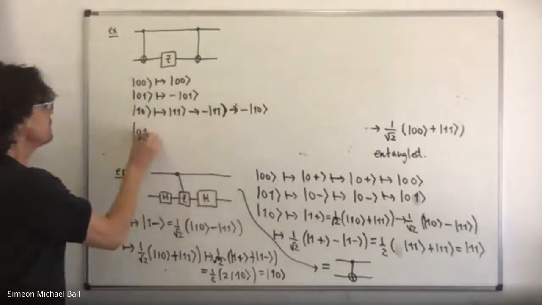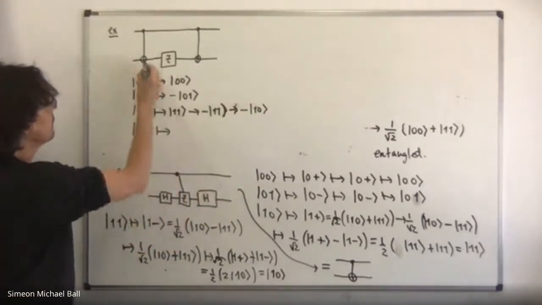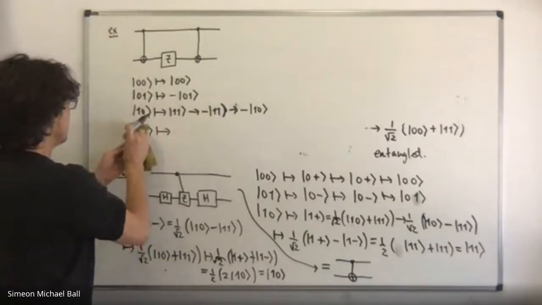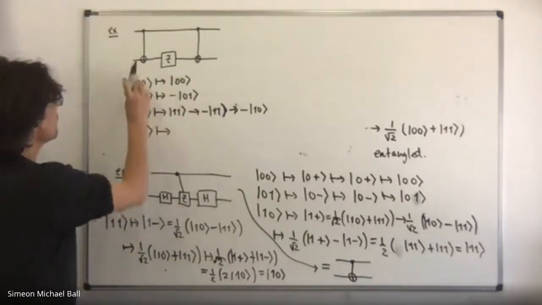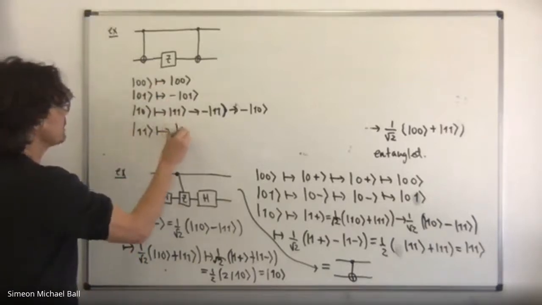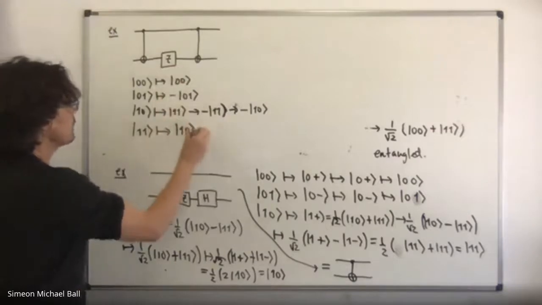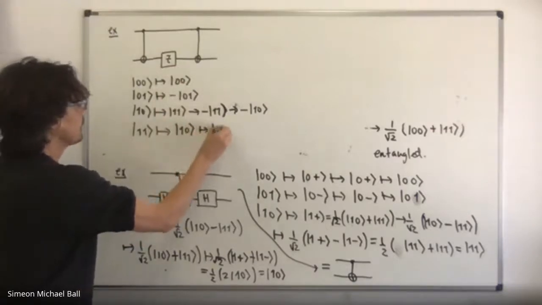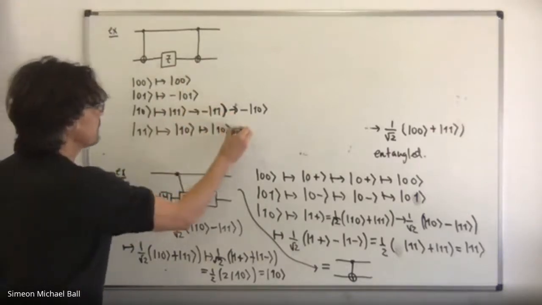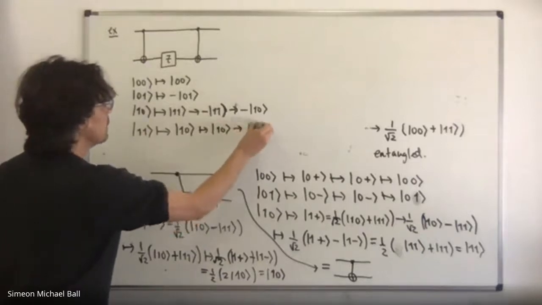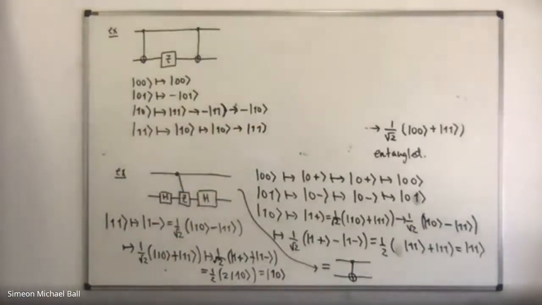Whereas here we go, sorry, 1, 1. That will flip the second bit. This will then do nothing. And this will then flip the bit back again. So go 1, 1.